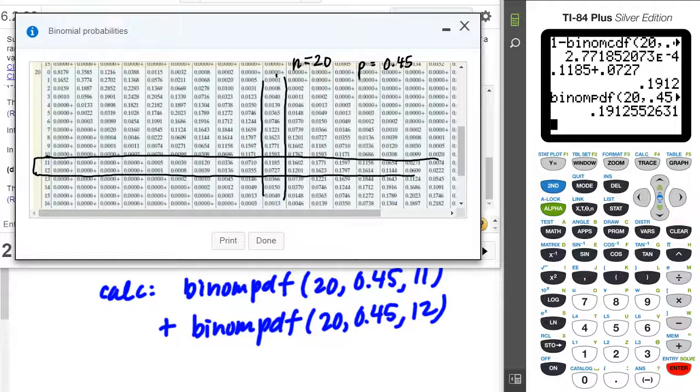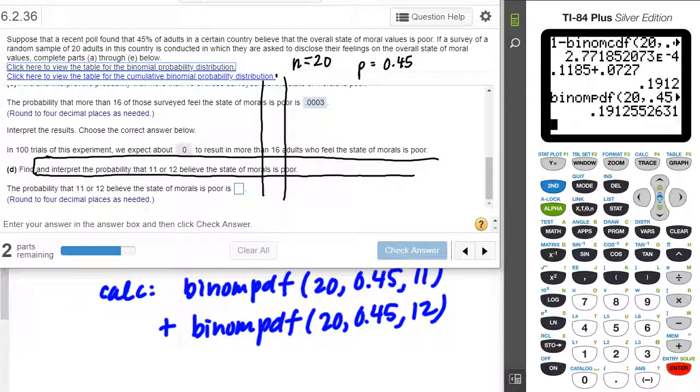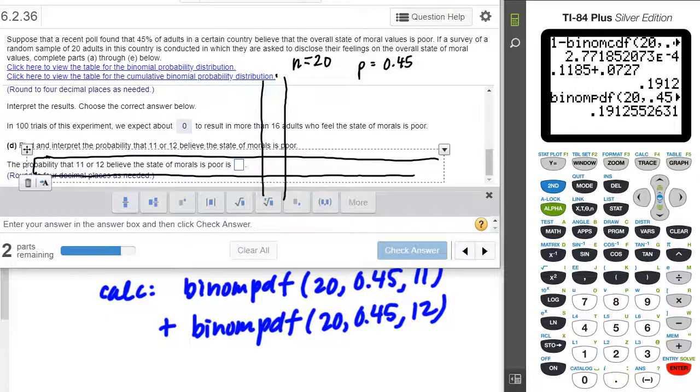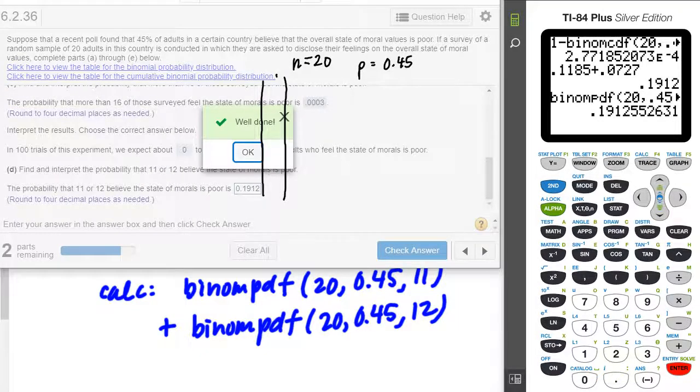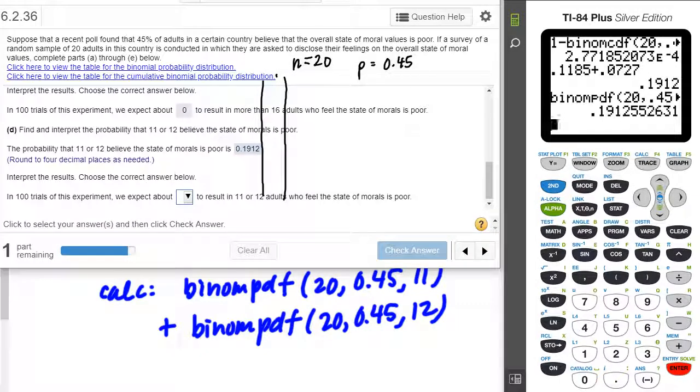Put those together, 0.1912 or 13. The software should take either answer. Let's make sure we're right about that. 0.191 is what I got from the table, or 0.1913 from the calculator.